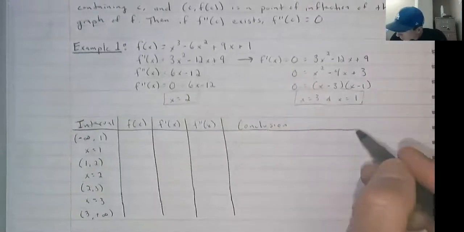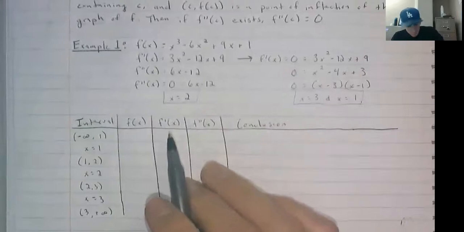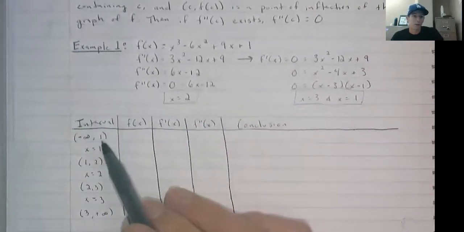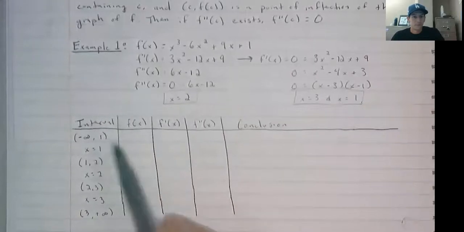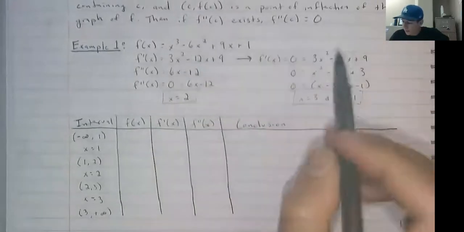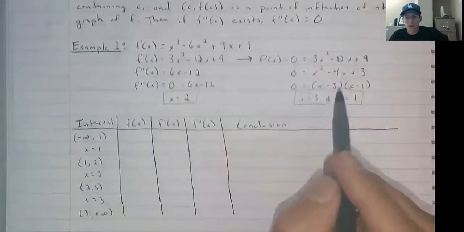So we're just going to go interval by interval and see what's going on. Some of these we will leave blank. We're not going to come up with a function value for an interval, but we could come up with, for f prime, if x is less than 1, and I guess we should have maybe listed what this was, but we can look back up here.